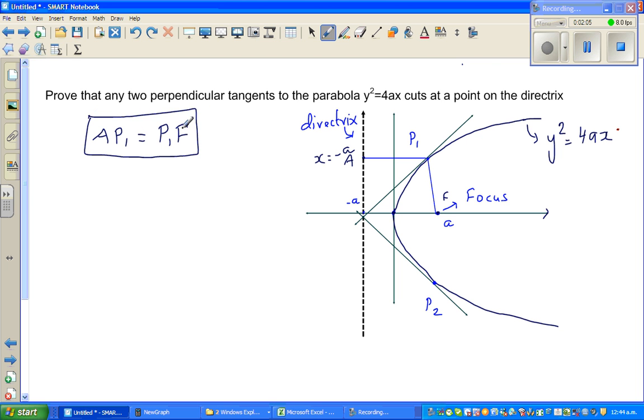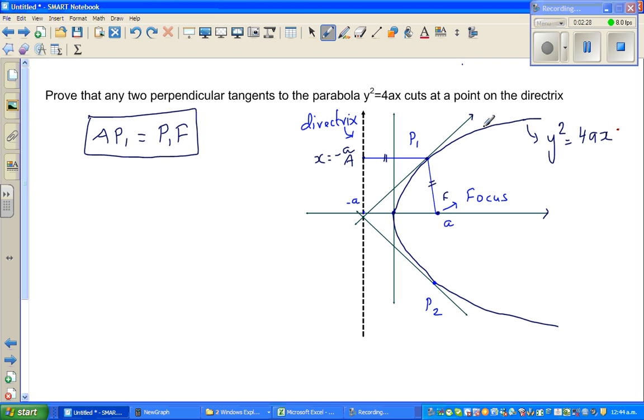That's only the definition of the parabola. Basically if you want to draw it, this and this are equal. Now I've drawn two. So this is point P1 at time t1. I'll come to that later, sorry.